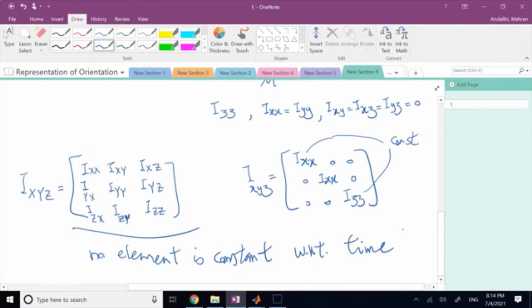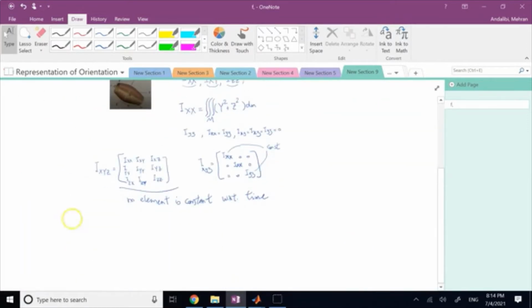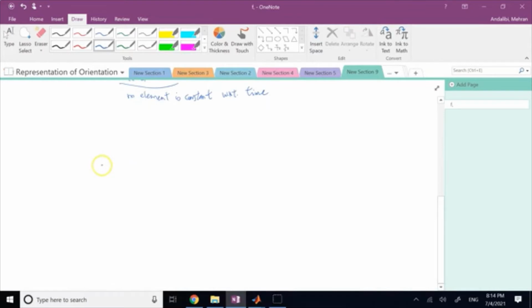And so you might say, okay, what's the importance? Well, the importance is this. When you go in dynamics and you have the equation that the sum of the moments, let's say about the centroid, is equal to d over dt of H about the centroid, the angular momentum.